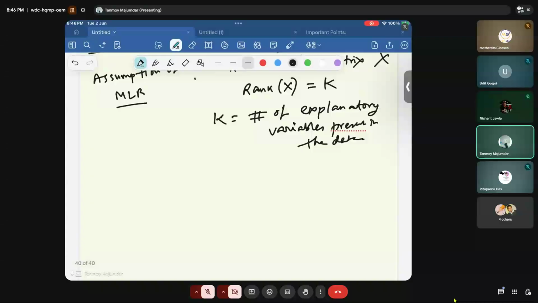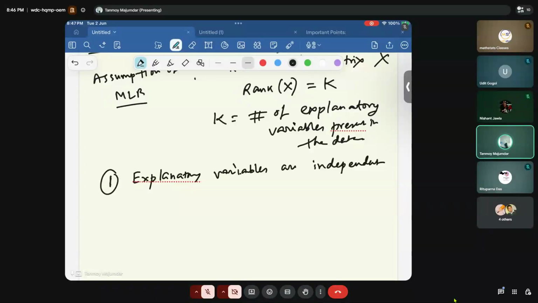There is one more thing you have to understand. We consider that explanatory variables are independent. That is one of the main assumptions for linear regression.